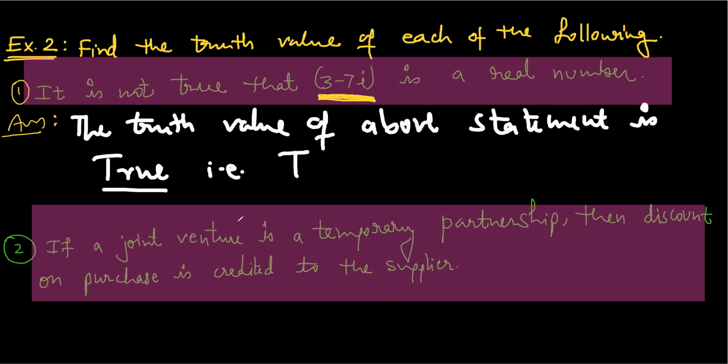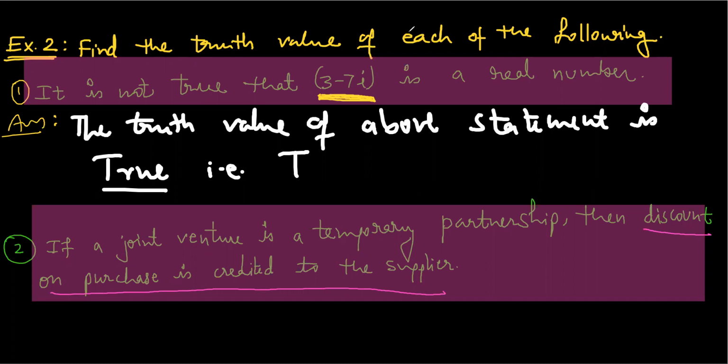Okay. Now, I hope you must have understood. Read the next question. The next one is, if a joint venture is a temporary partnership, then discount on purchase is credited to the supplier.